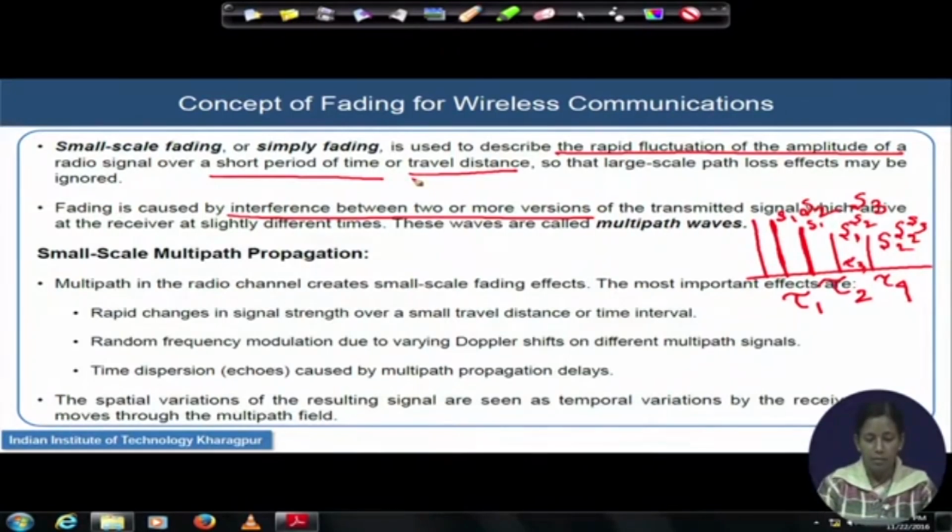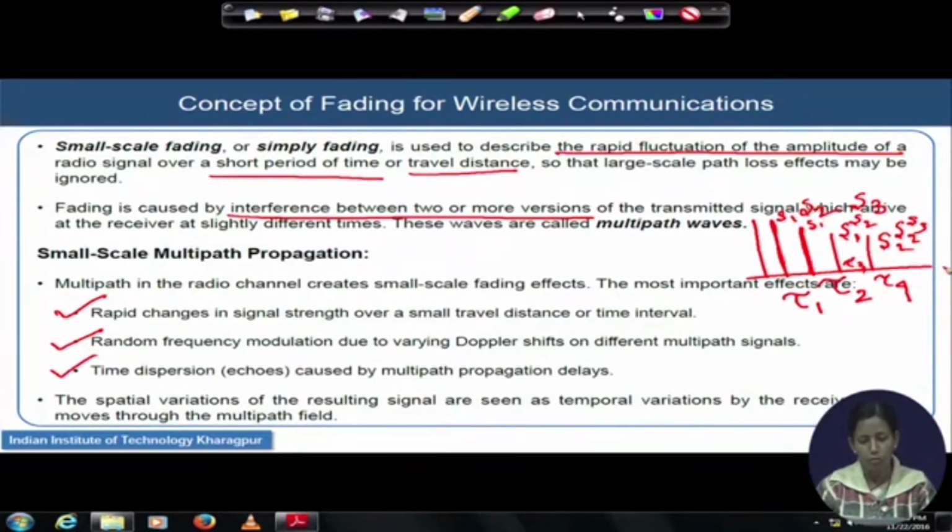Remember this, the most important effects of this small scale multipath propagation are the rapid changes in the signal strength over a small travel distance, a very random frequency modulation because of the Doppler shifts on the different multipath signals, and dispersion because the echoes are expected to come over multiple propagation delays.